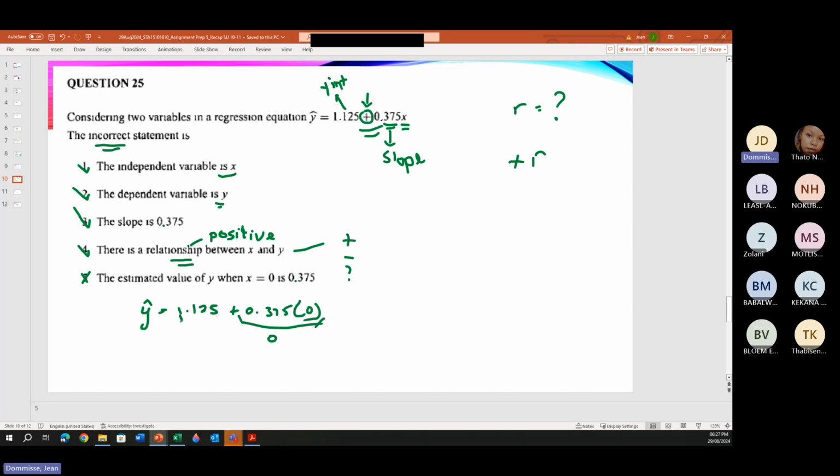But what we are left with is the 1.125. Okay. So the estimated value, what we're looking for is actually 1.125 and not the 0.375.